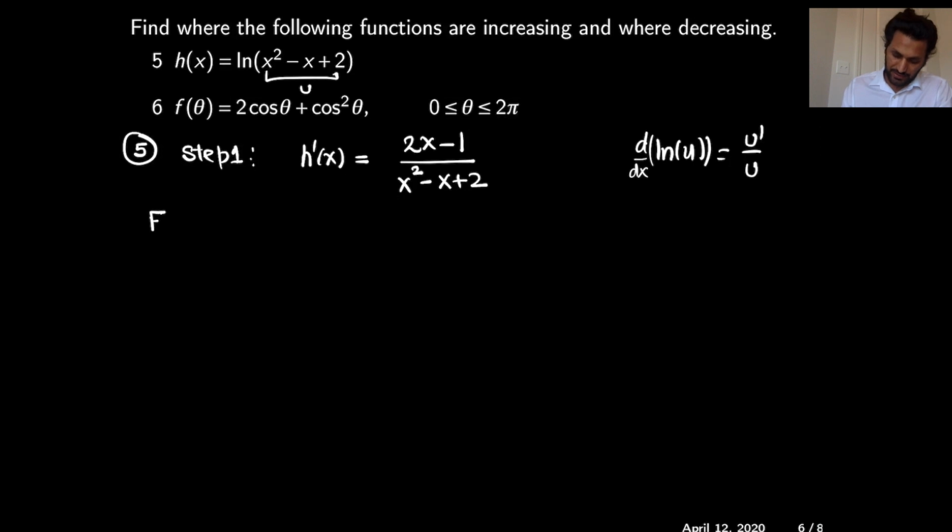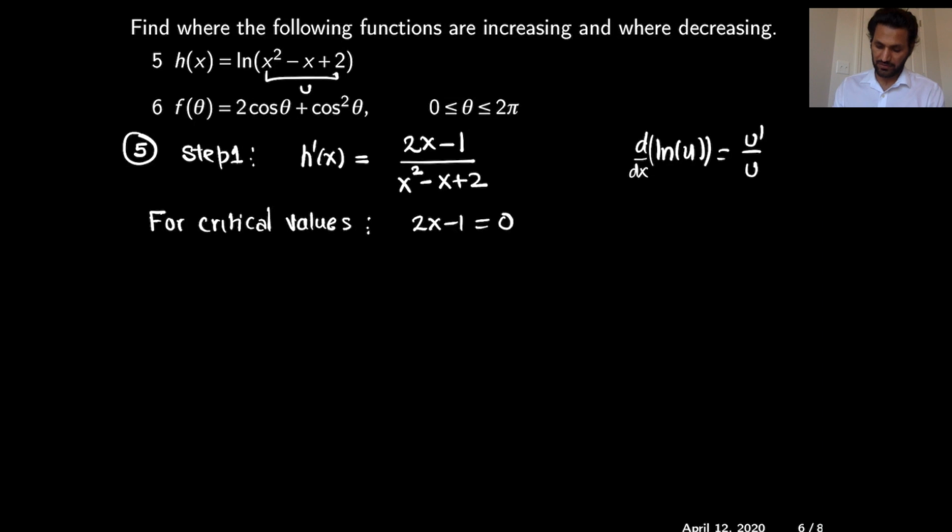So for critical values, we will put the top and bottom both equal to 0. So 2x minus 1 is equal to 0, and x squared minus x plus 2 is equal to 0.